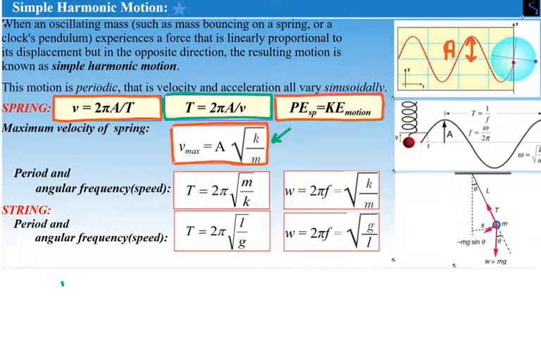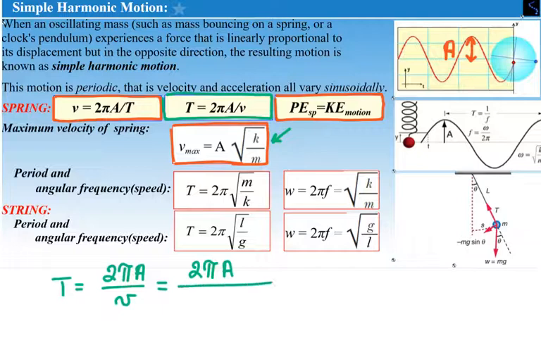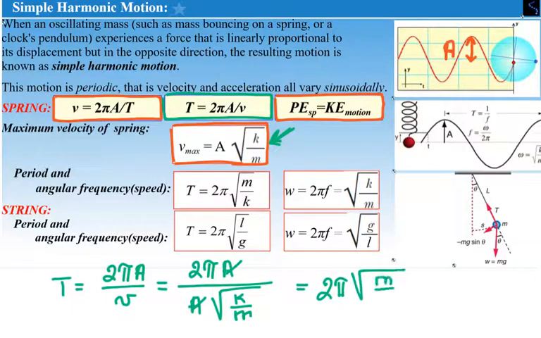So the period, this is for the spring again, is equal to 2 pi A over the velocity, this is the middle formula on the top row, equals 2 pi A divided by the one that I just found, A times the square root of k over m. A and A cancel, and dividing by a fraction is the same as multiplying by its reciprocal, so I have 2 pi times the square root of m over k.